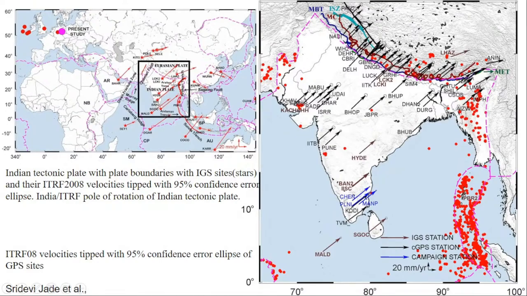But when we move further into the Himalaya, the velocity decreases to 32, 33 millimeter per year in the higher Himalaya like Badrinath, Kedarnath, Malari. These locations show movement of around 33 to 34 millimeter per year. So where is the rest of this amount going, where is it being absorbed? That is the area of interest.